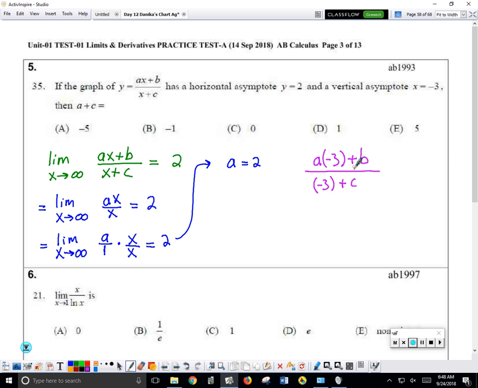Well, the top seems pretty straightforward because I just got this plus this, that's going to be some number. But if I choose C to equal exactly +3, then I get the vertical asymptote to occur where they want the vertical asymptote to occur. Then A plus C is 5.